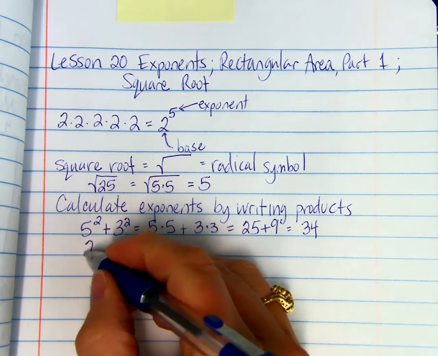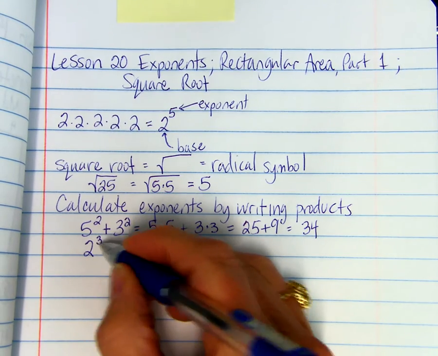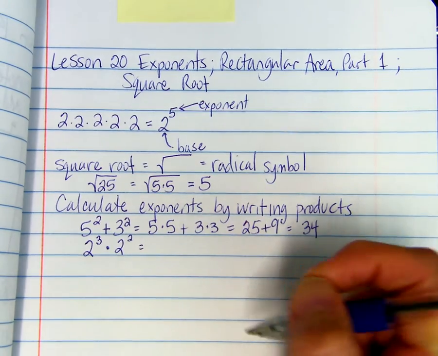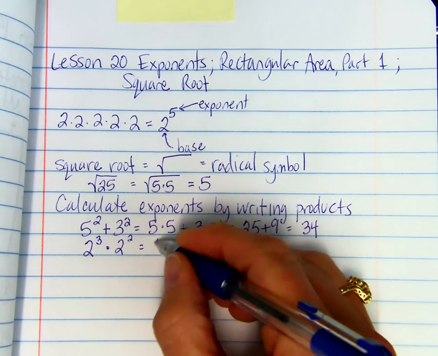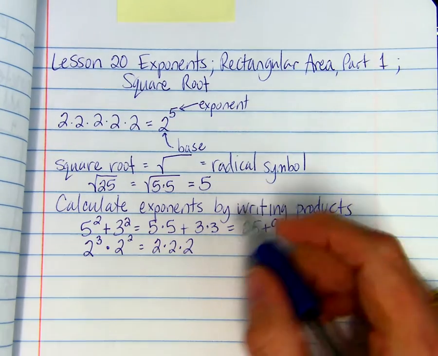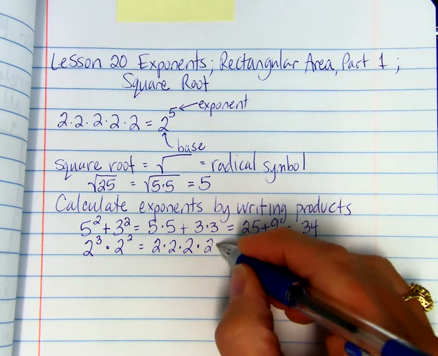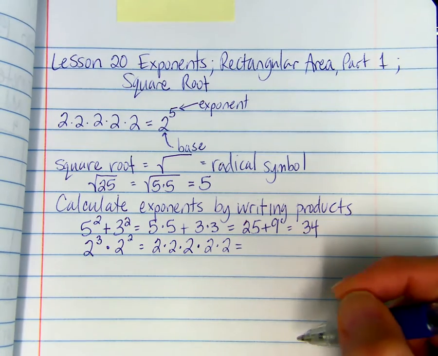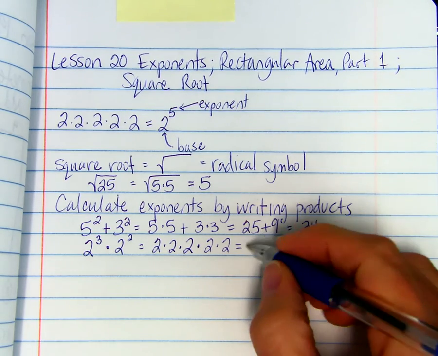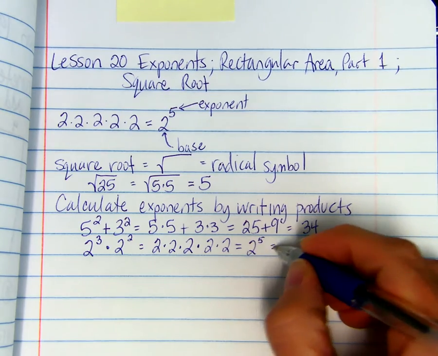If we are multiplying, say, 2 to the 3rd times 2 squared, we could write it out. 2 to the 3rd is 2 times 2 times 2. And then we're multiplying by 2 squared, which is 2 times 2. And now there's 5 2's multiplied. We could also write that as 2 to the 5th.